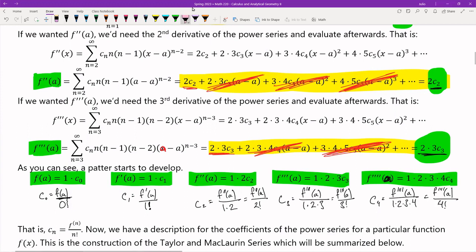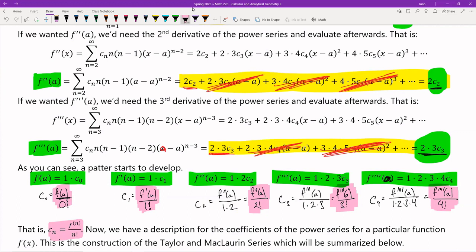So we've got this formula going on now, and hopefully you guys see where this is going. Our Cn is equal to the nth derivative, whatever derivative we're looking for, divided by that number's factorial.